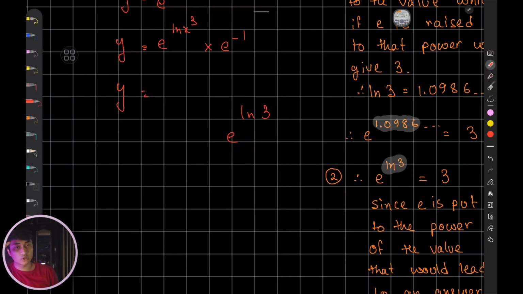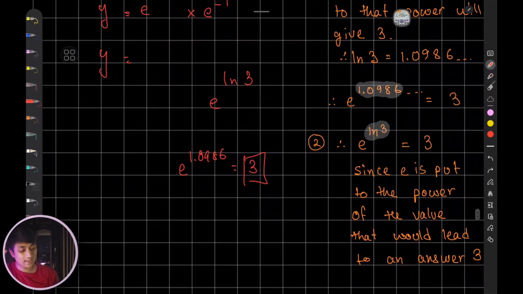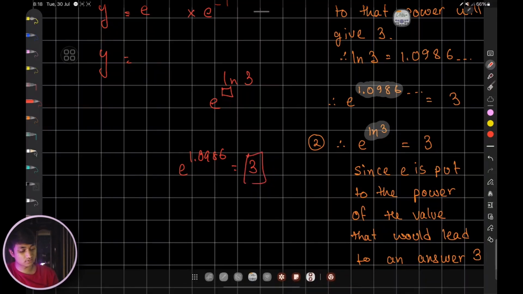Because with the ln function, you're telling me that you need a certain power of e to give the same value as 3. And that value turns out to be 1.0986. And that same value, you're again putting as the power of e. So ultimately, you're going to get the same term, 3, over here.